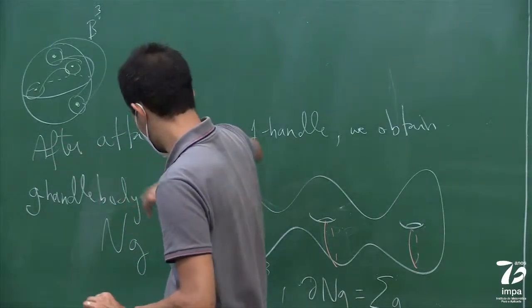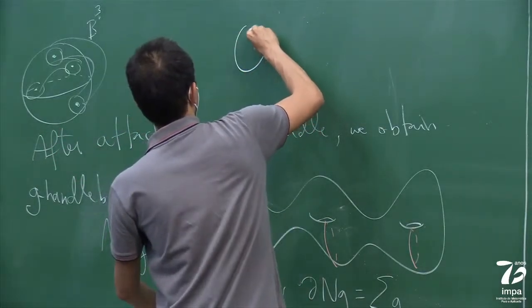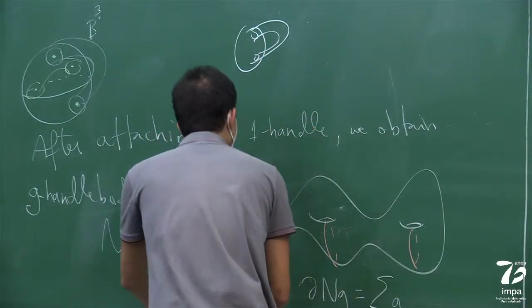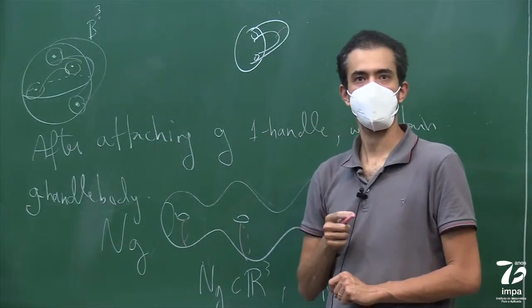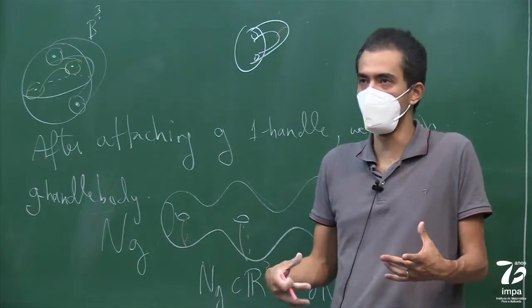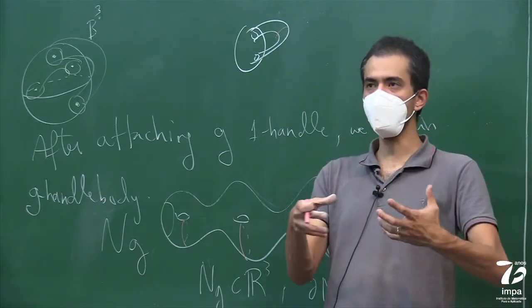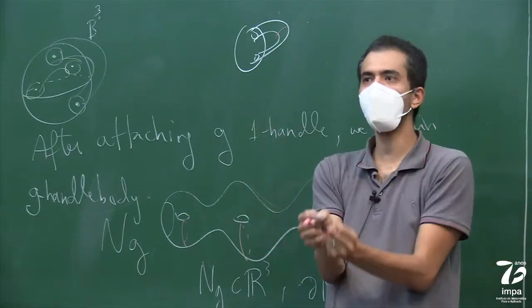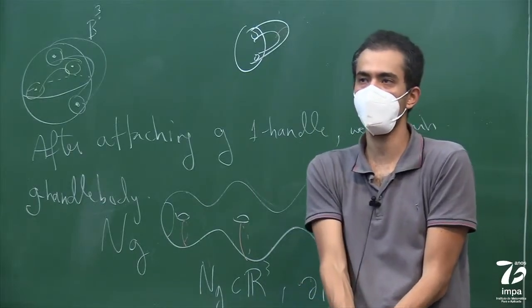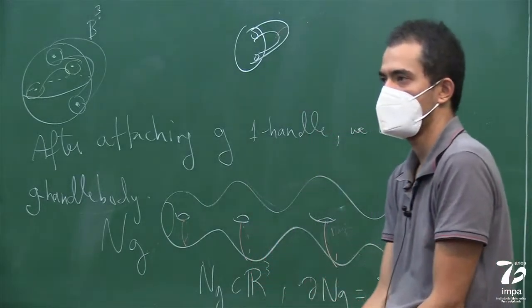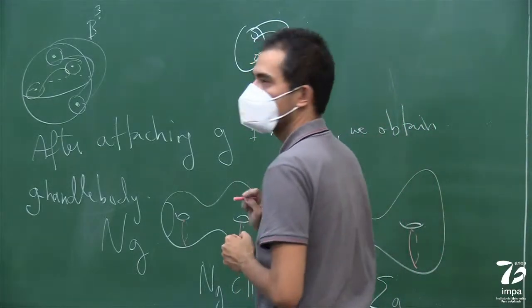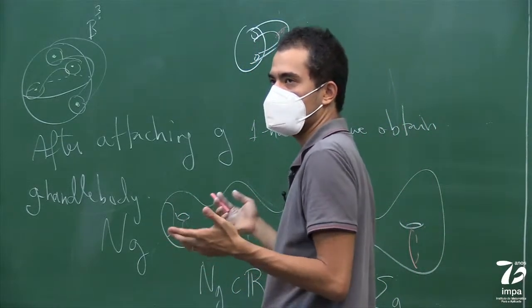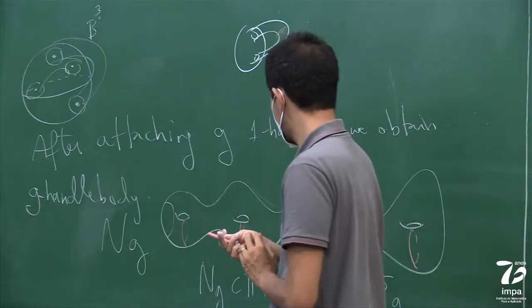When you have your one handle, the belt sphere is this guy here. Or you can think of it as the circle on the surface that's contractible in that one handle. That's the belt circle. The belt sphere happens to be a circle because of dimensions.